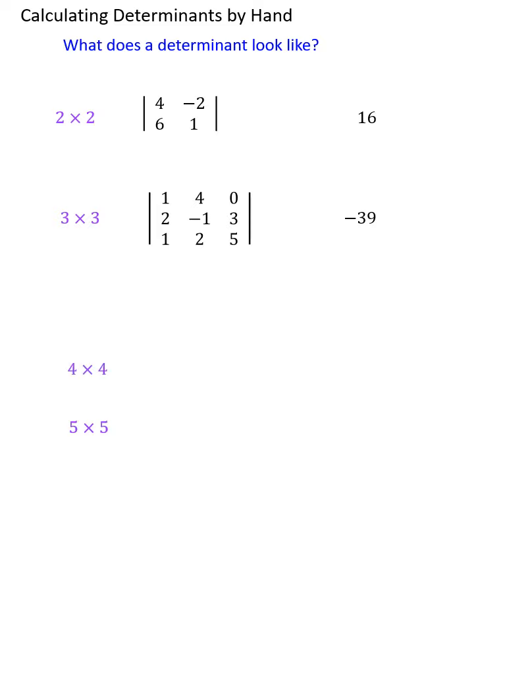They can be 4x4, 5x5, 6x6, and so on, as long as they have the same number of rows and columns. We can assign a determinant value to that array of numbers, also known as a matrix. The purpose of this video is to give you the calculation tools on how to turn these 4 numbers into 1, or these 9 numbers into 1, which is called the determinant of the array of numbers.